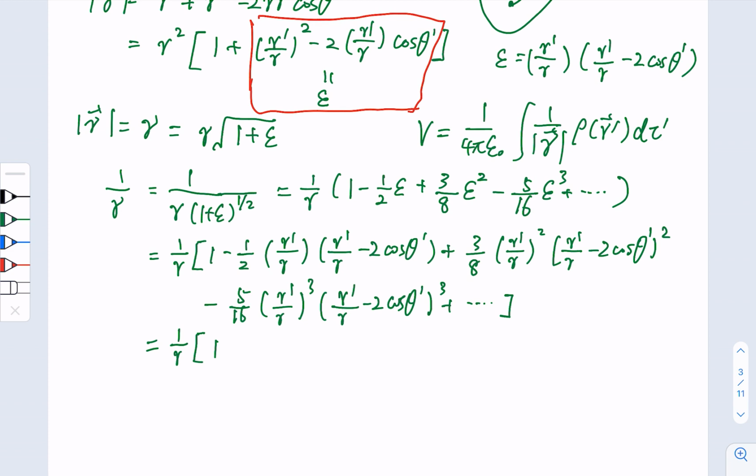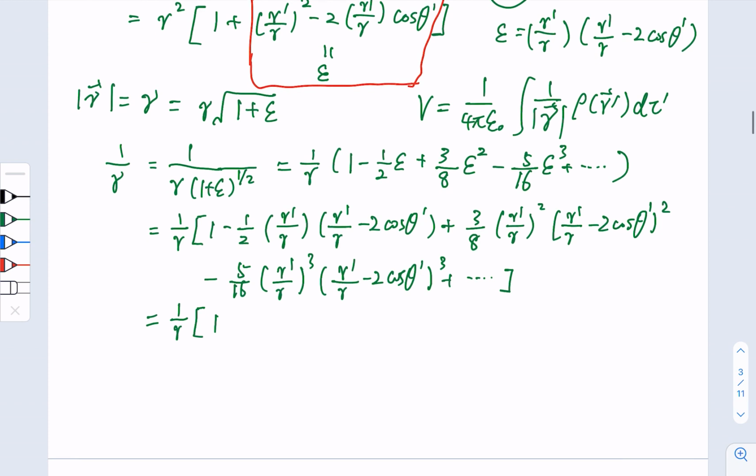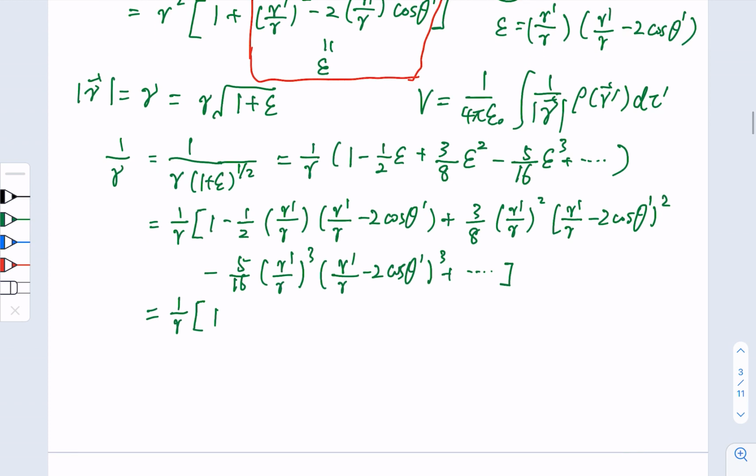So it actually makes sense to collect terms in order in terms of r prime over r instead, because r prime over r is what's really small, and we should actually expand in terms of r prime over r first. And so the 0th order of r prime over r is 1, and the next leading order should be r prime over r times cosine theta prime.